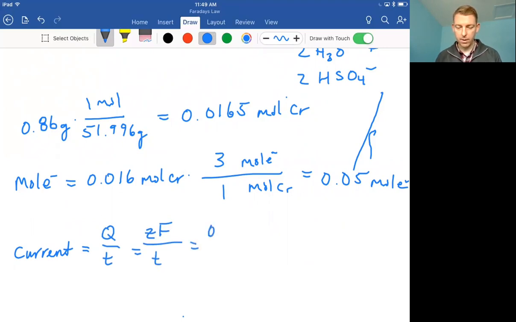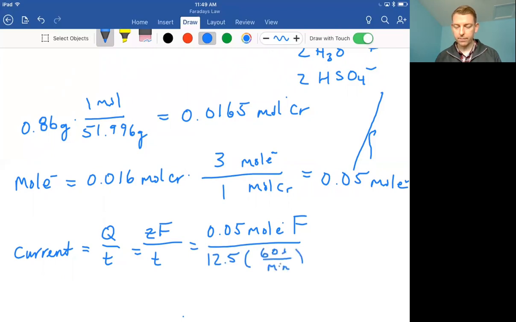And here now we can finally fill in all the numbers we need. So 0.05 moles of electrons multiplied by Faraday's constant, divided by 12.5 minutes. And of course, that's 60 seconds per minute. Will all work out to a final answer of 6.4 amps.